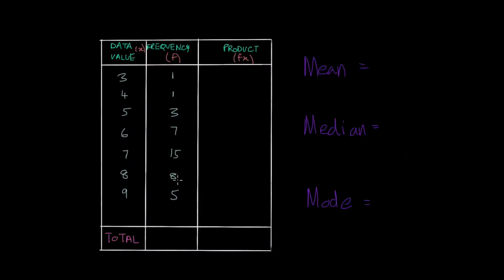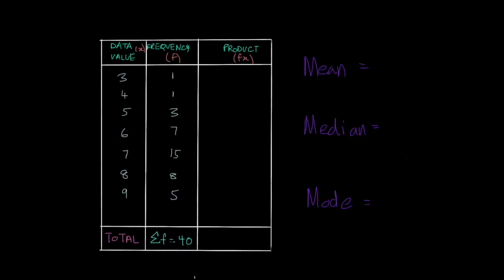So the number of terms is basically just going to be the addition of these values, because the frequency tells us how many times each value occurs, and by adding all of the frequencies we know the total number of values in the set.